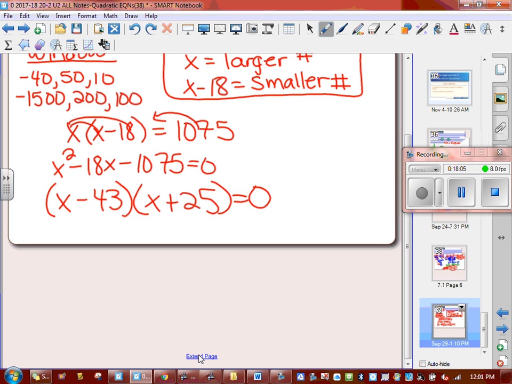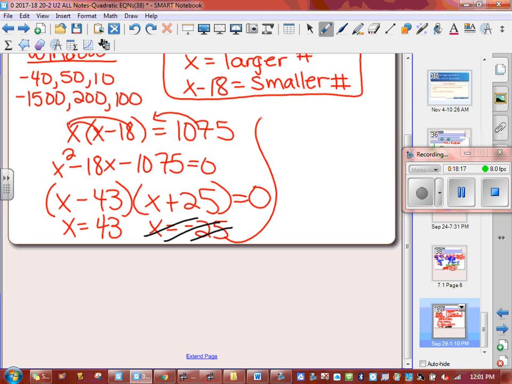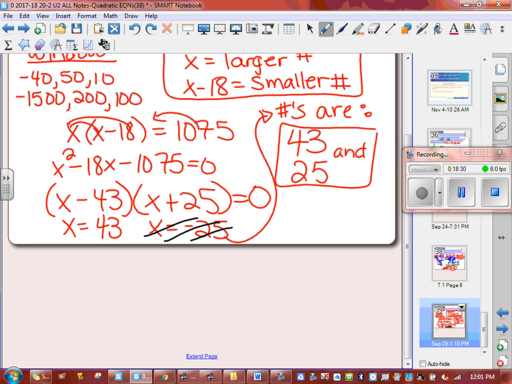This one comes out as x equals 43, and this one comes out as x equals negative 25. In problem solving, we're not going with the negative answer. So in this case, the numbers are 43 and then 18 less than that, 25. So 43 and positive 25. Okay, check your work. This concludes problem solving lesson 2E.